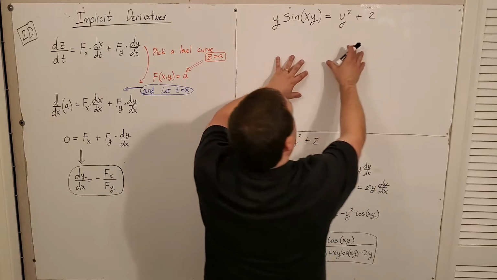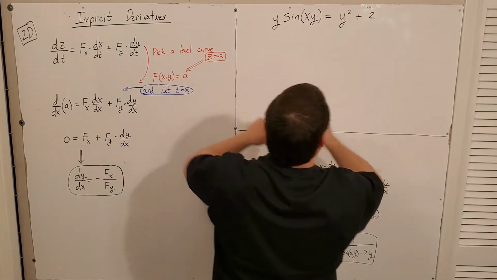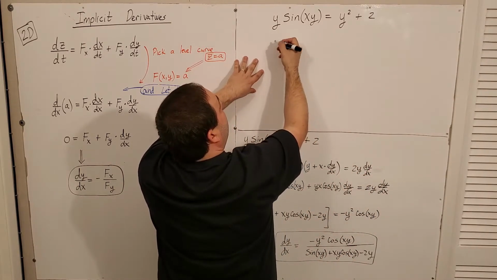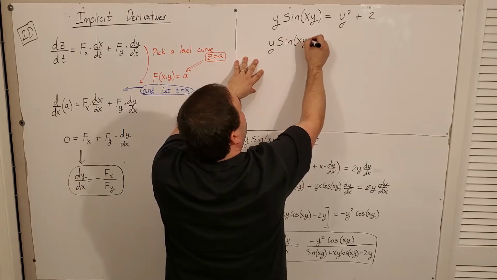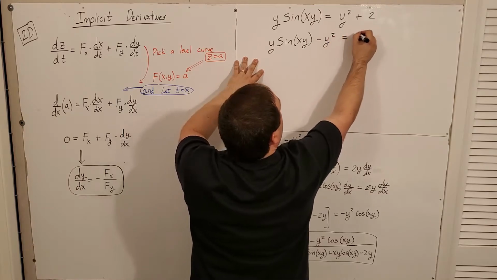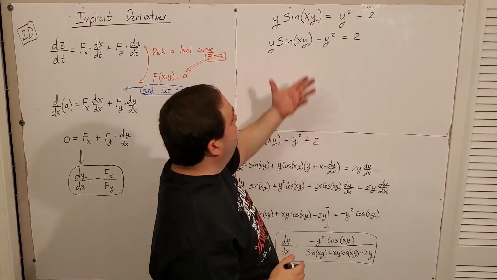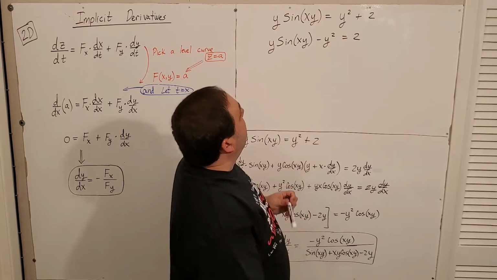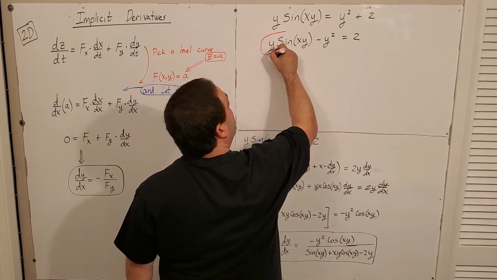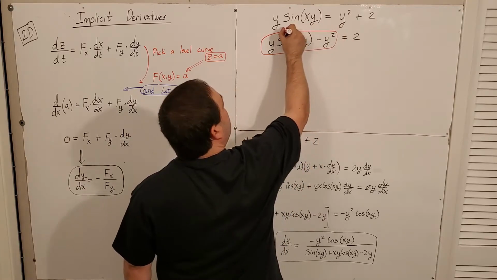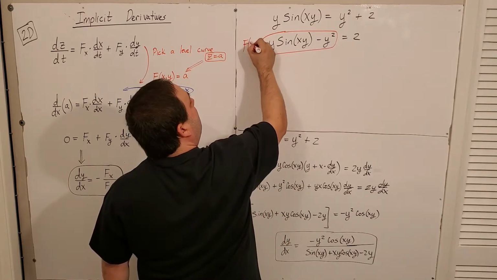For example, in this case, what I would do is I would start by moving that over. Right? I would subtract y squared from both sides. And now what I've got is this thing right here is my f of xy.